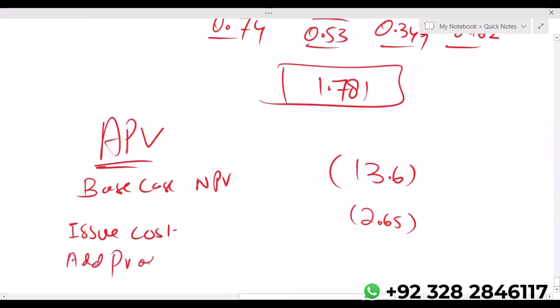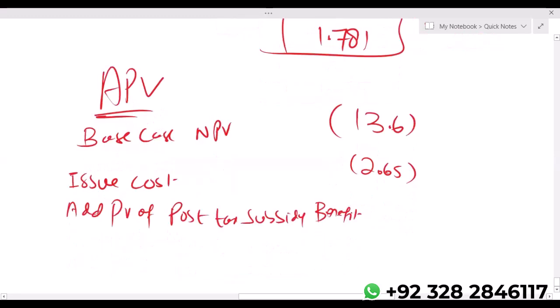Add present value of post-tax subsidy benefit. Add present value of tax savings from interest payment.